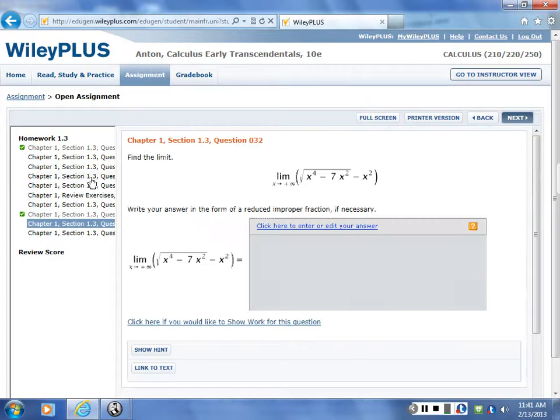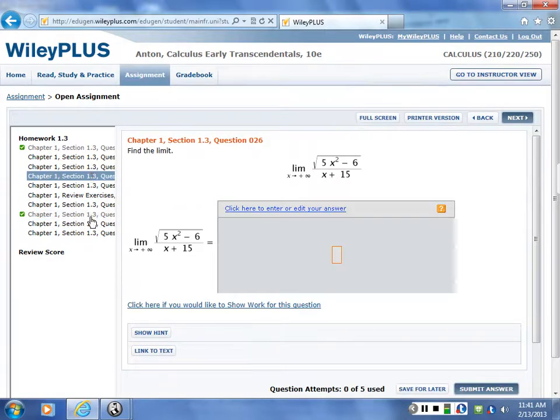So examples that look like this with the square root might show up, so know how to evaluate them. Divide top and bottom by the highest power of x in the denominator. A lot of times you write that as the absolute value, because you can replace the absolute value with the square root of x squared. So then you can put it in the numerator here. Here your answer is going to be square root of 5, but be careful, when x is going to positive infinity, it's pretty easy, because the absolute value of x can be replaced with x.